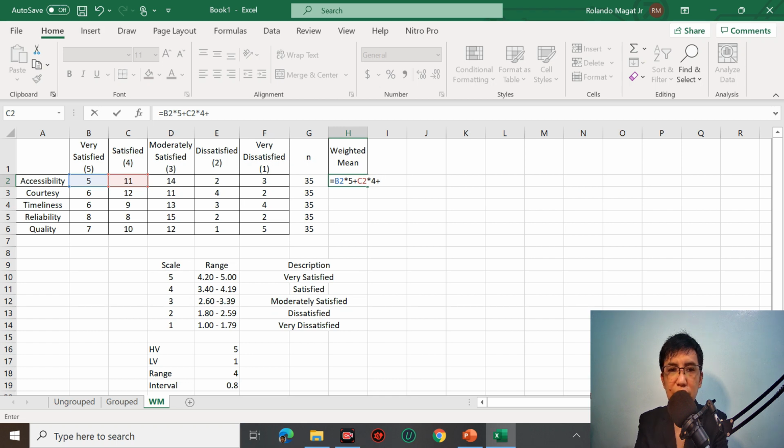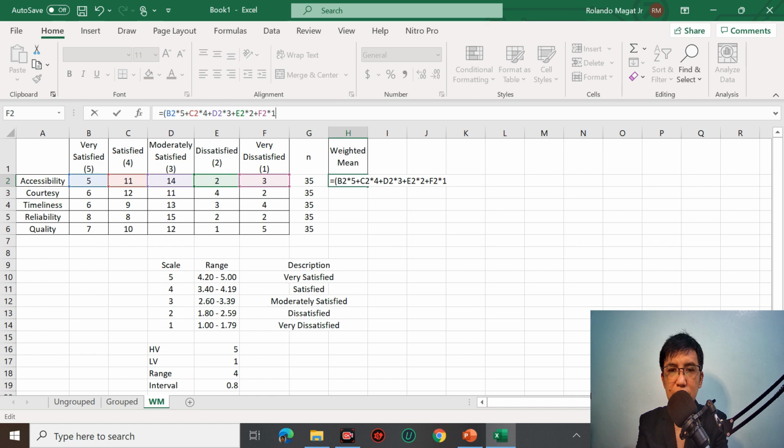Plus D2 is multiplied by 3, plus E2 times 2, plus F2 times 1. Okay? Then, we need to divide it.